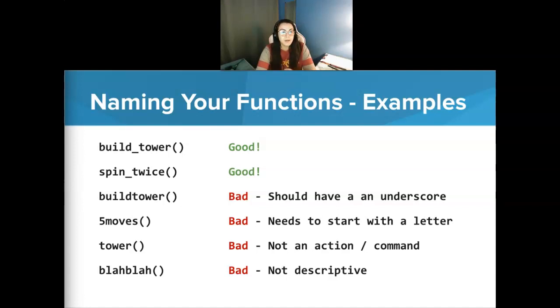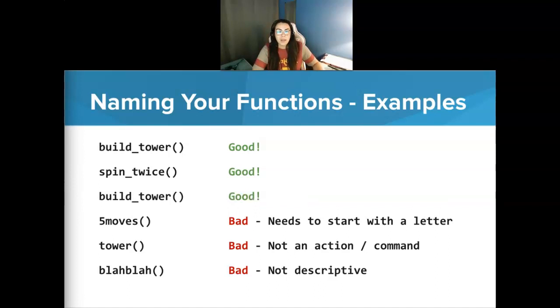In the third one, buildtower, it is not a good function name because the two words are placed right next to each other with no underscore. So if we add an underscore, then that would be a good function name. For 5_moves, that wouldn't be a good function name either because it has to start with a letter.